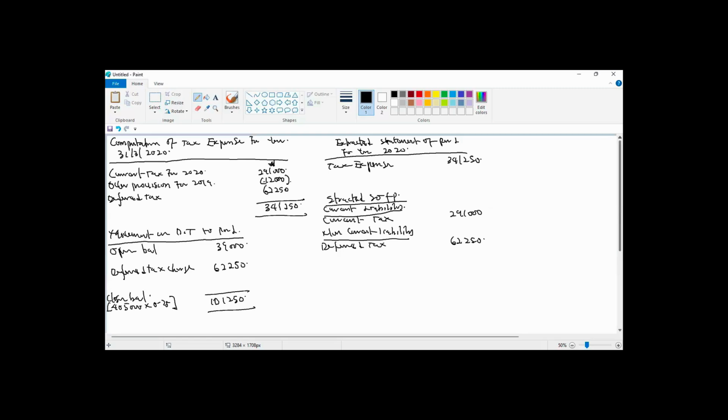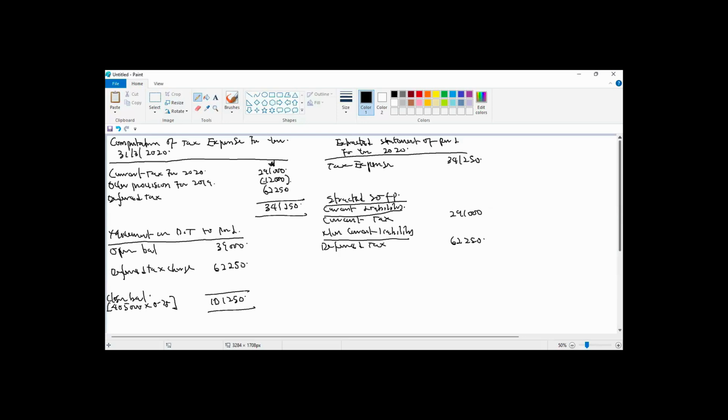Any question? If we turn this question a little bit and make that 405 a deferred tax asset, I'm just painting a scenario.